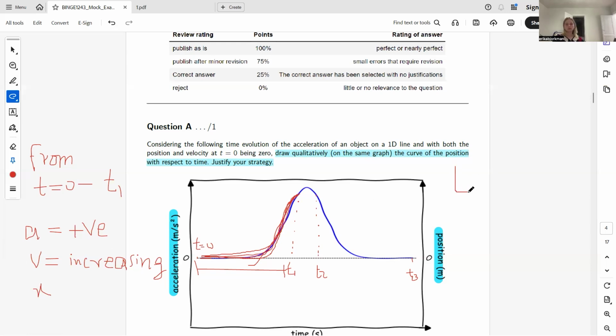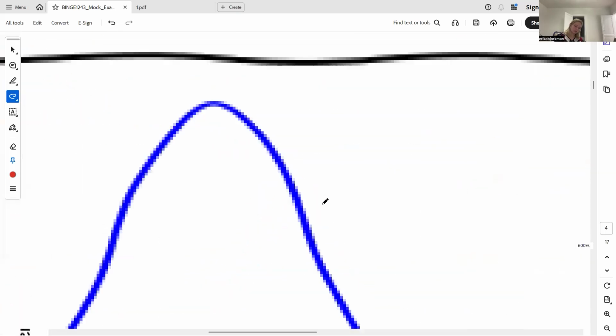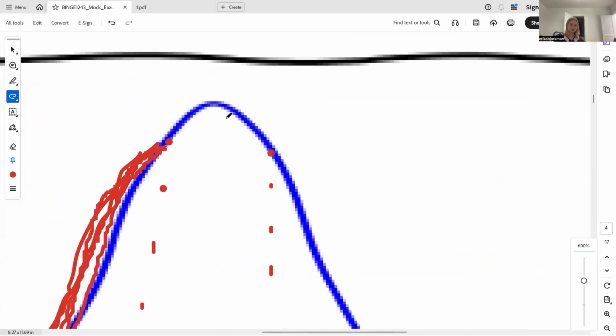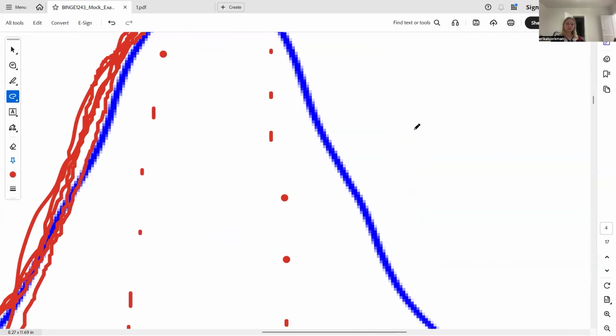Now let us talk about the second time period, from t1 to t2. Here you can see I have zoomed out. This part is a straight line, just on the peak.